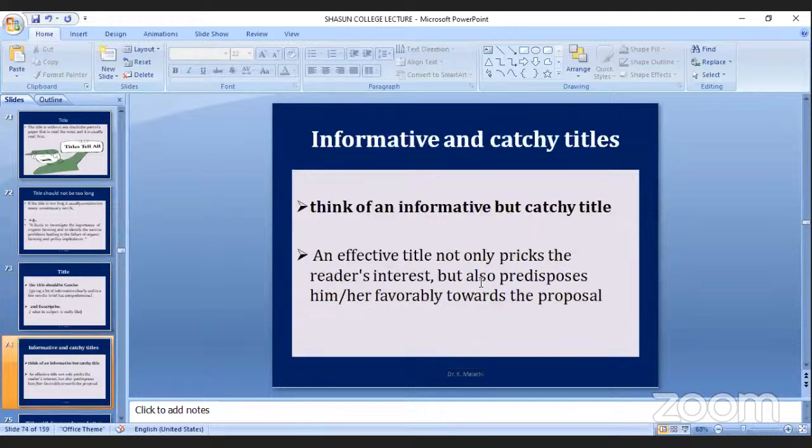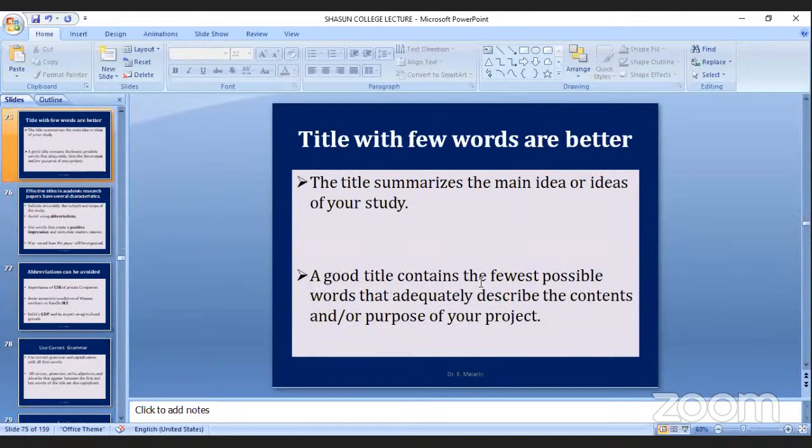So your title should be very informative and catchy, but at the same time, don't give a big lengthy title. Titles can be with few words and better words. As I said earlier, the contents of what you're going to give in your paper should be there in your title. Sometimes your title will be something and what you give in your paper is absolutely different; that is not a good research paper.